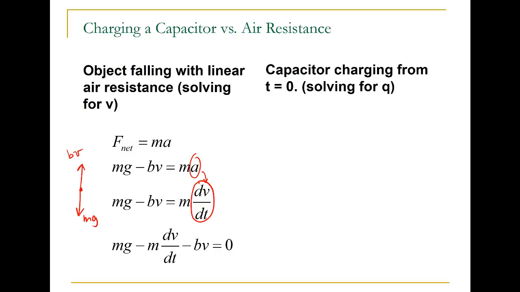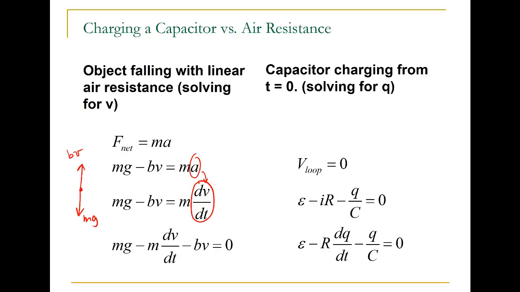Okay, the capacitor is charging from time t equal to 0. We're going to solve for the charge. This is the loop rule, that the sum of the voltages in a loop is equal to 0. So we have the EMF from the battery minus IR minus Q over C is equal to 0.